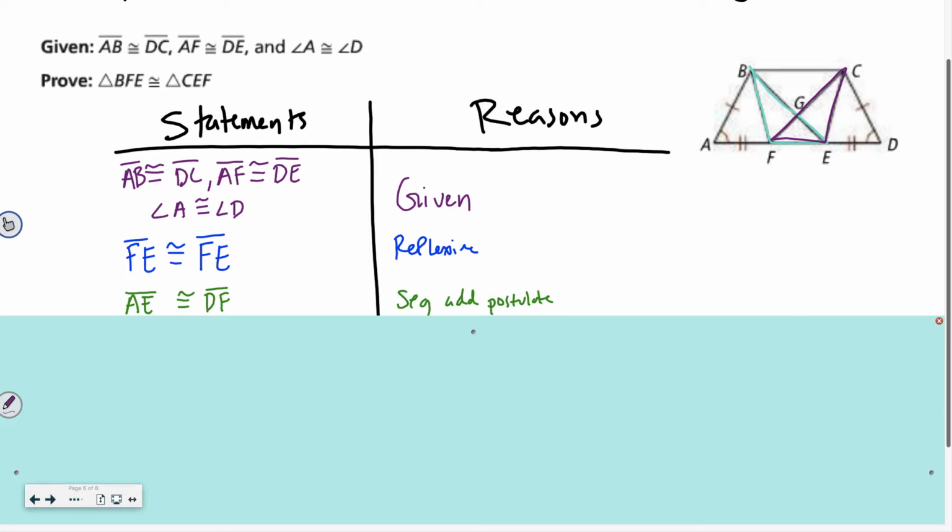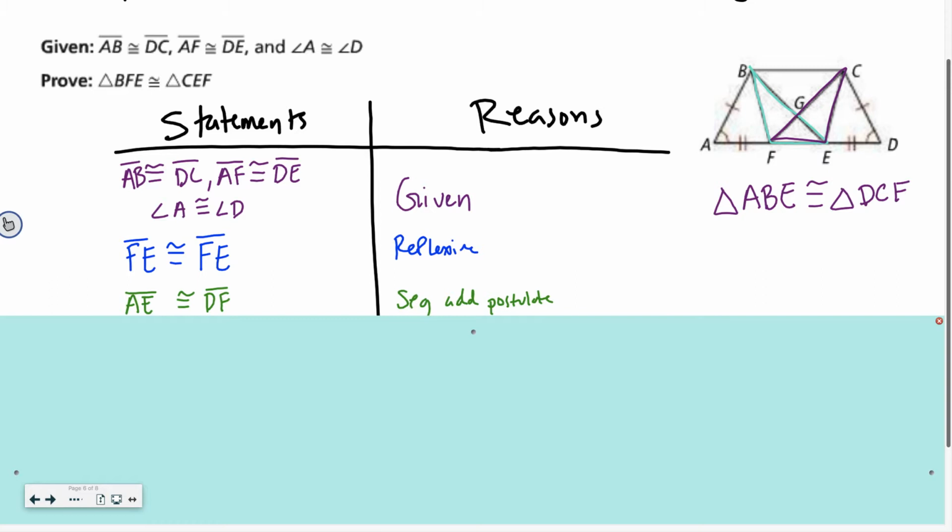So I'm going to try to prove triangle ABE, because that's where I have information. I'm going to try to prove that triangle ABE is congruent to triangle DCF. That should be an E. Triangle ABE is congruent to triangle DCE because that's where I have that given information.